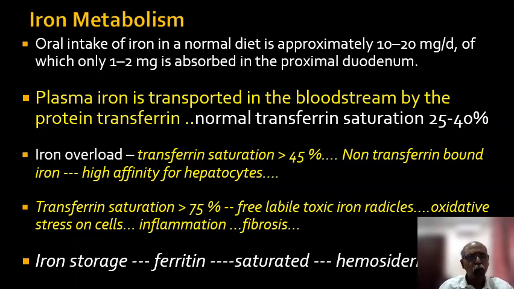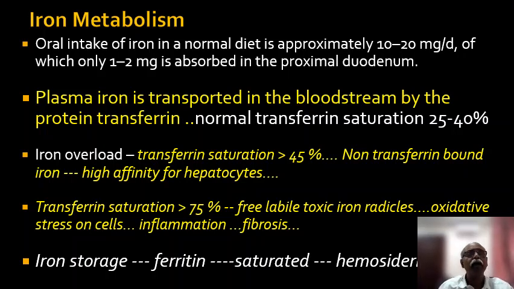Next, once the iron is absorbed in the duodenum, it goes into the plasma, and in the plasma, the iron is transported by a protein known as transferrin. So transferrin is nothing but a transport medium of plasma iron after absorption in the gut. Now, normal transferrin saturation is 25 to 40%.